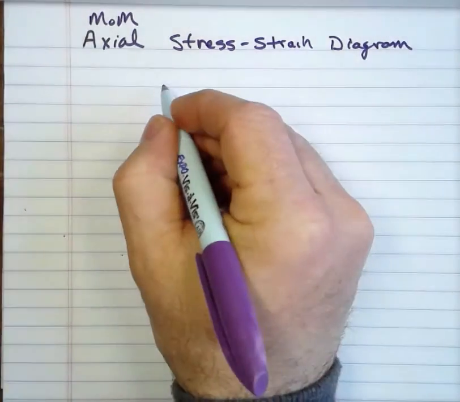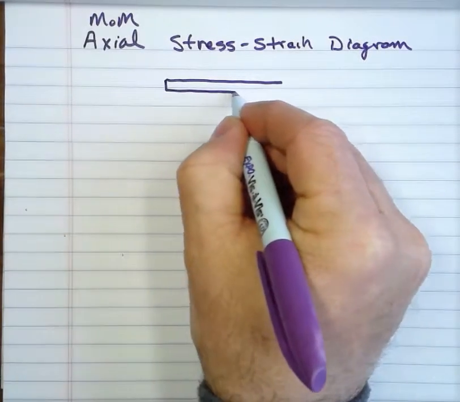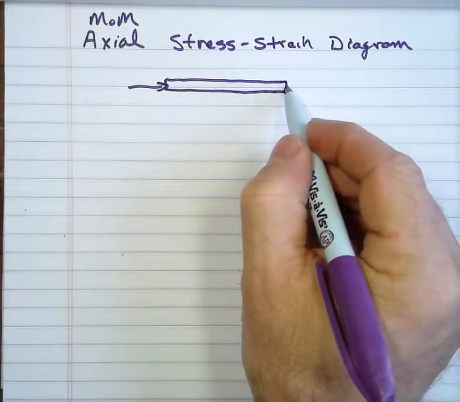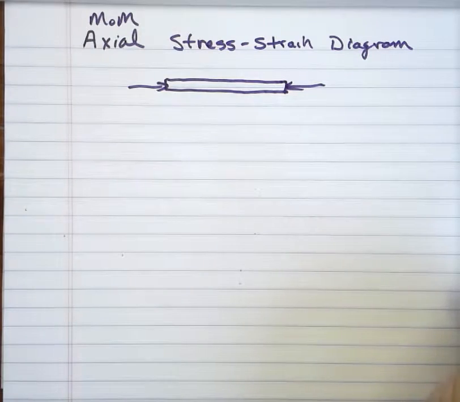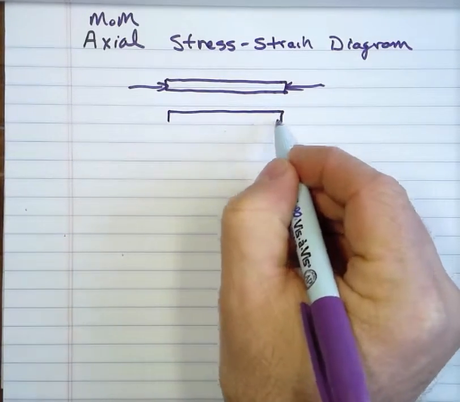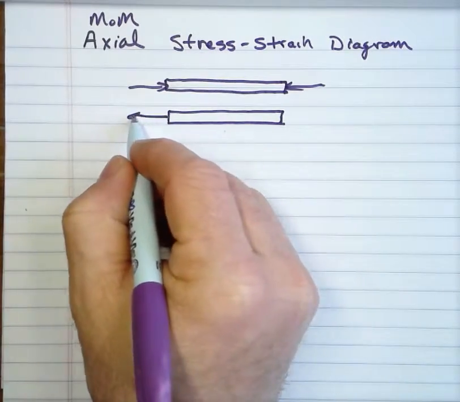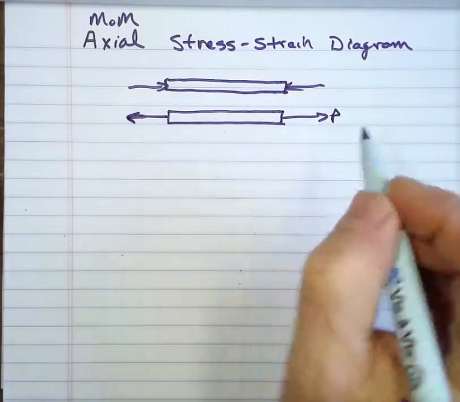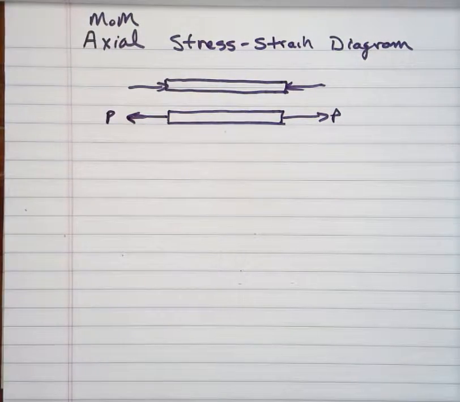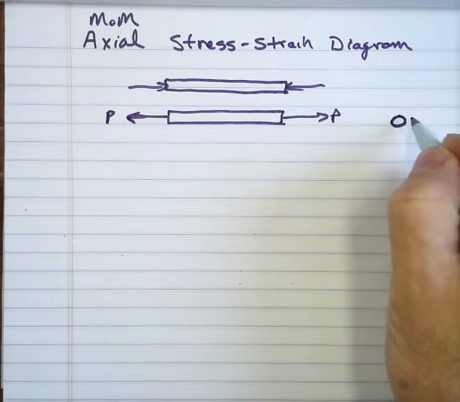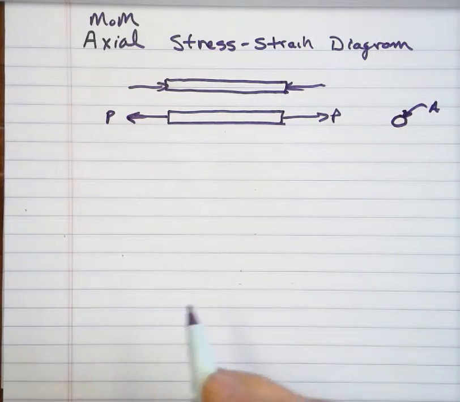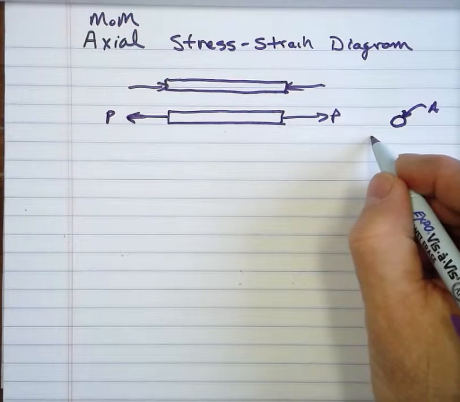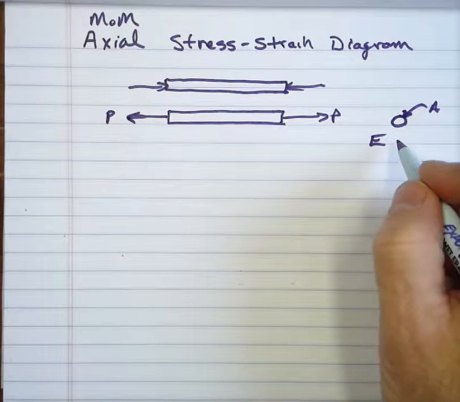So, as we talked last video, we've got some object loaded in some way along its primary axis. We call that axial loading. And again, we typically talk about the force in terms of the symbol P, some sort of cross-sectional area A. The material is made out of something, plastic, wood, steel, aluminum, and it has its own E, modulus of elasticity.